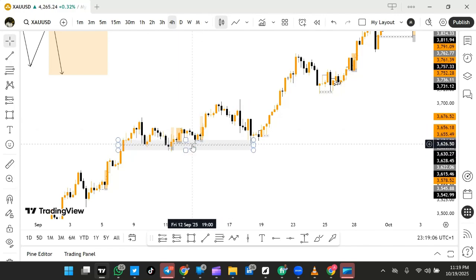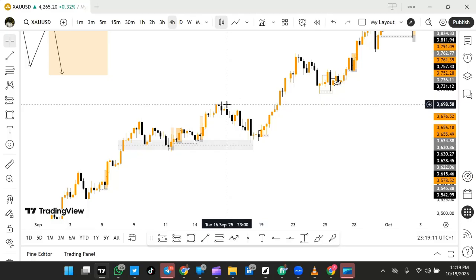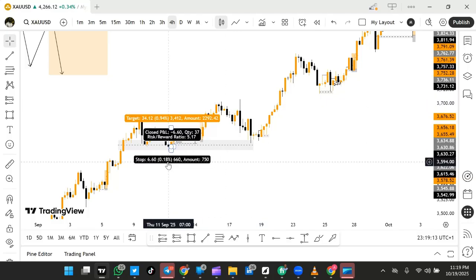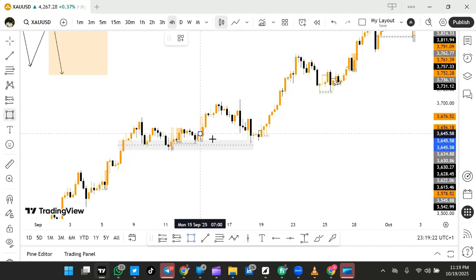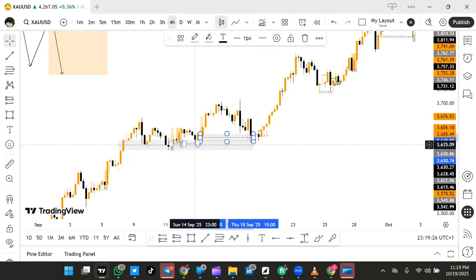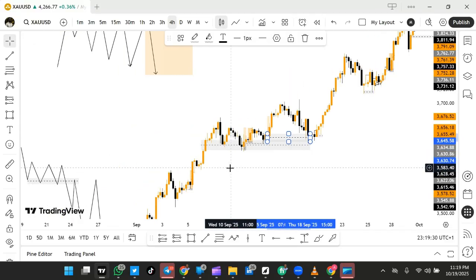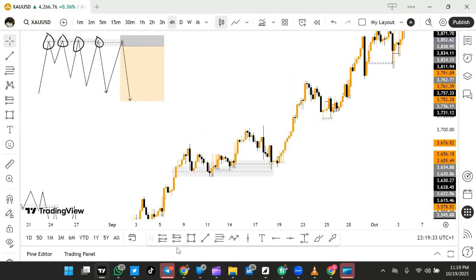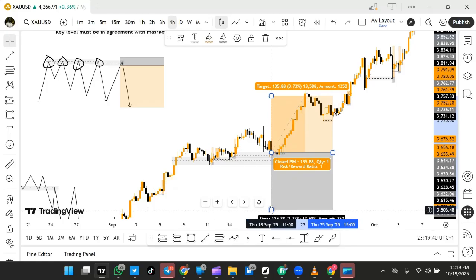Can you see? Then eventually it broke structure to the upside. Now, as an SMC trader, or whatever you trade, I don't care whether it's support or resistance. Many people will take this level as a support zone and it's still fine. So as a demand zone trader, you mark your demand zone, set your SL below the invalidation zone, which is this level here, and then target whatever you want. So you can see this explains a key level in line with market structure.